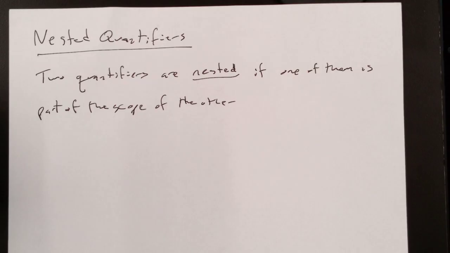So I think about something like a universal quantifier. A universal quantifier says for all x, this thing is true. Well, maybe the thing that is true also contains a quantifier.